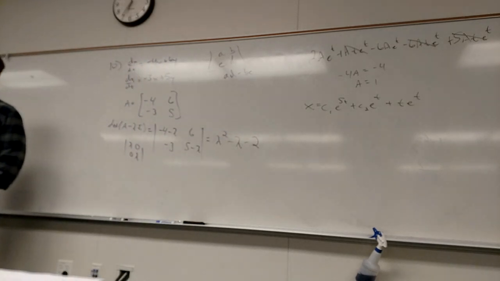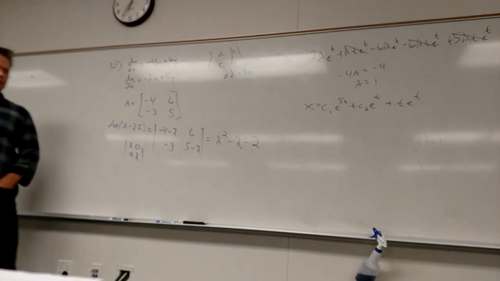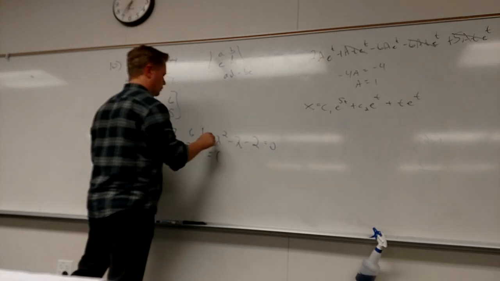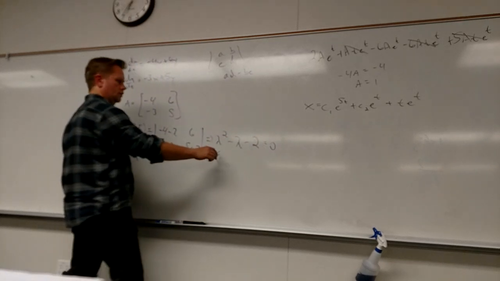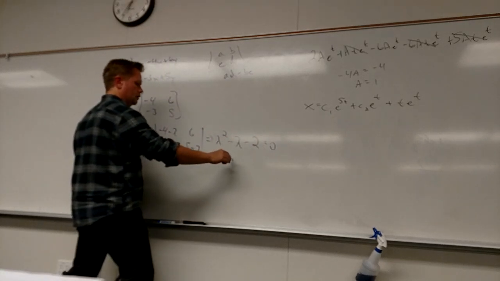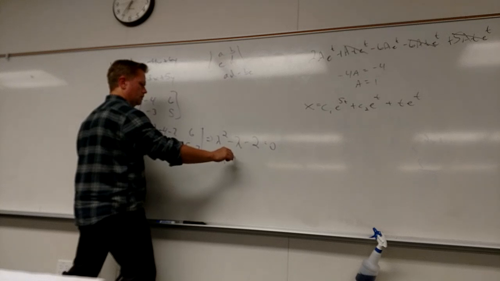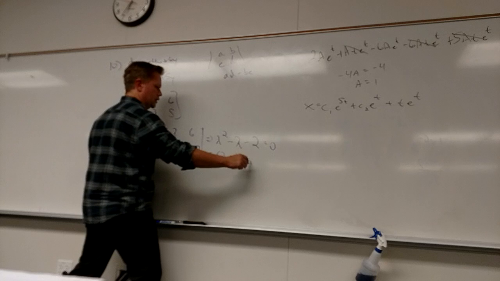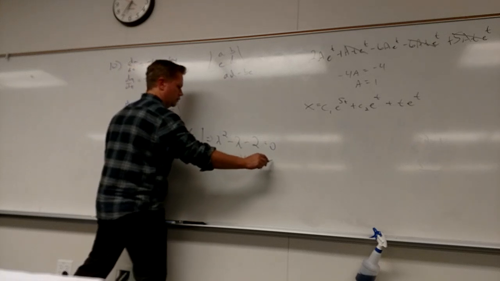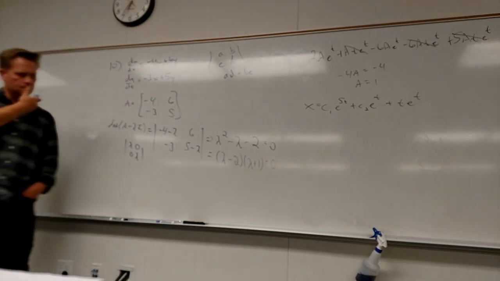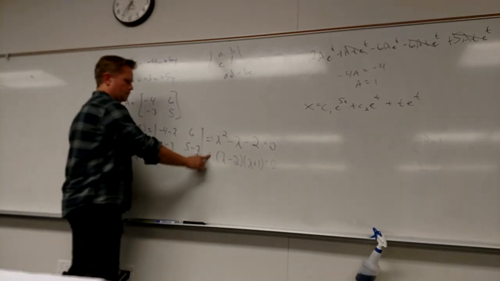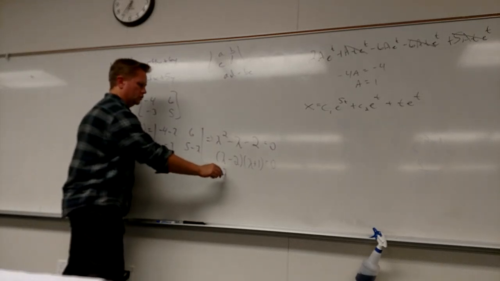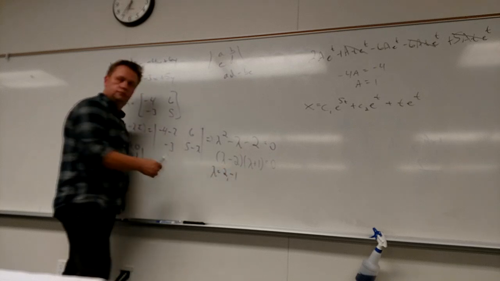Is that factorable? Yay. So lambda minus 2. The bigger one has to be negative, so it comes out negative in the middle. Then your two eigenvalues are 2 and negative 1.